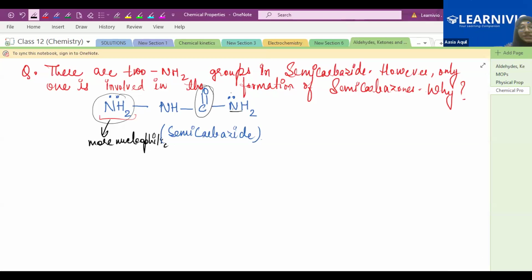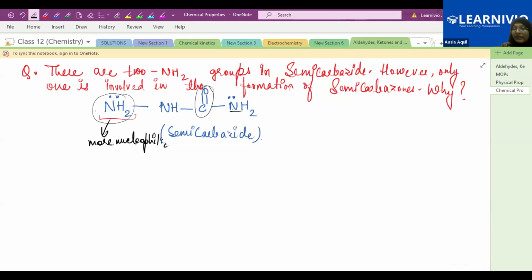So this terminal nitrogen is not involved in any resonance. It is free. If the lone pair is free, it is more nucleophilic, so it acts as a nucleophile and attacks the carbon. Is it clear? Yes, ma'am.